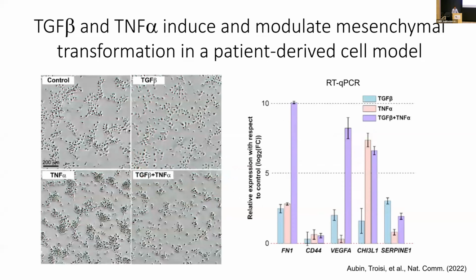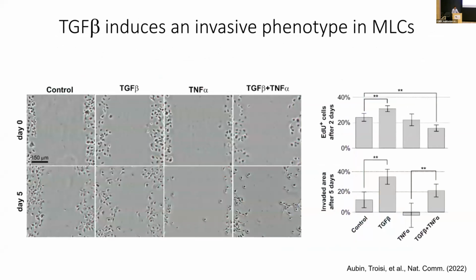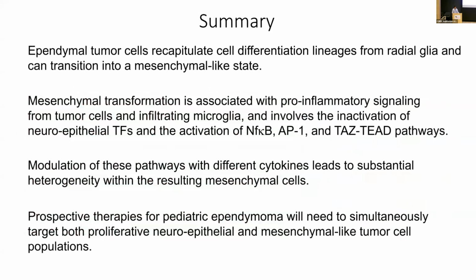And indeed, we found, based at least on the expression of mesenchymal markers that we were seeing in vivo, that we were able to induce that transformation in vitro using some of these cytokines, and also based on a cell migration assay.